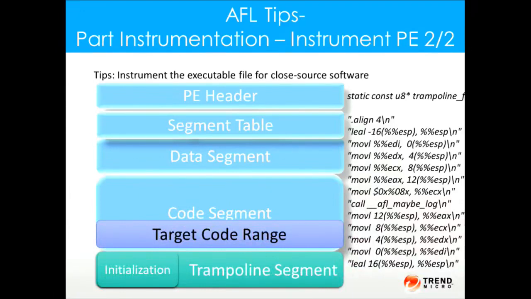And for the target code, we will patch the binary code like this. In the trampoline function, first we will save the important registers, and then we will call our AFL maybe-log tracing function, and afterwards we will restore the important registers. And then we will fix the entry point of the executable file to point to the initialization code.